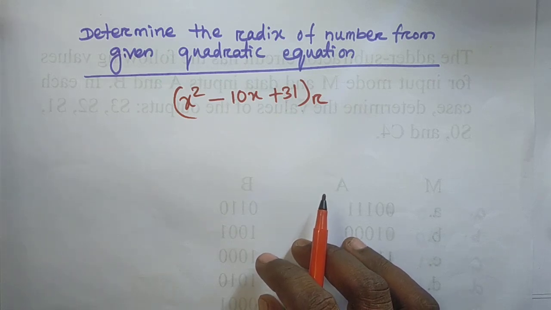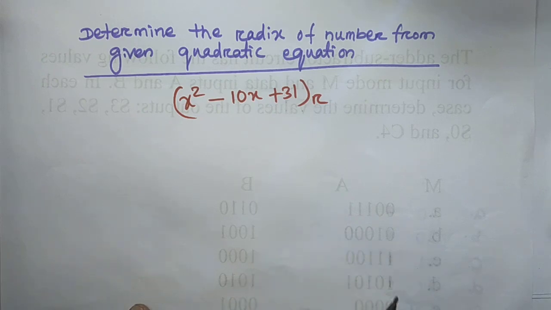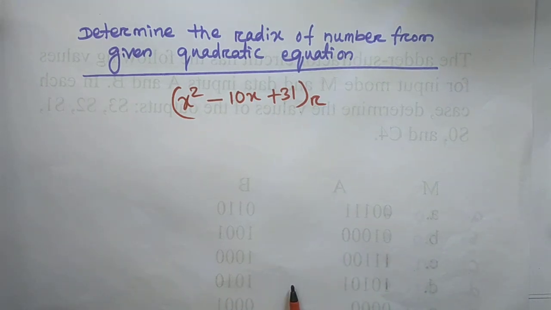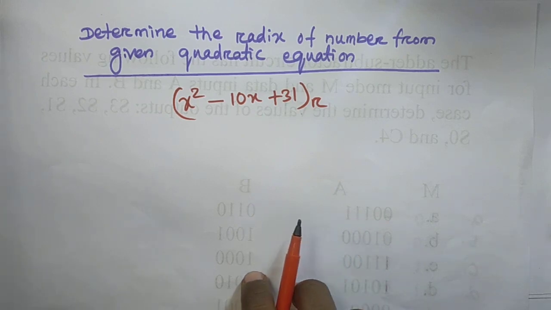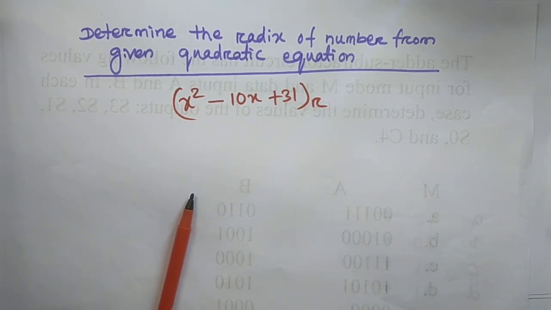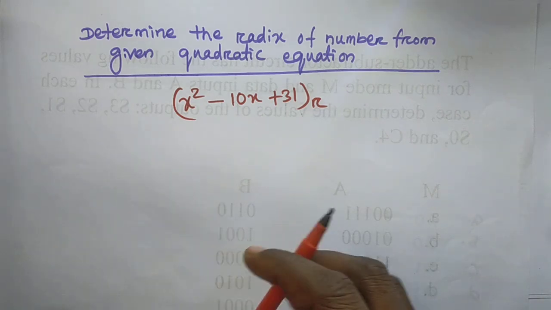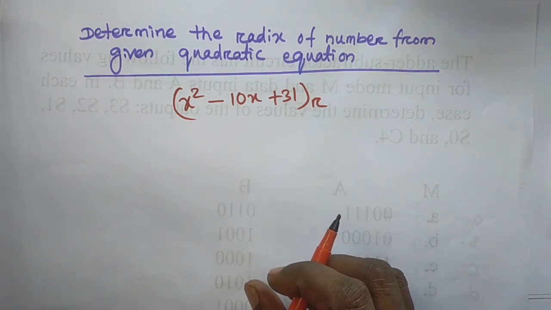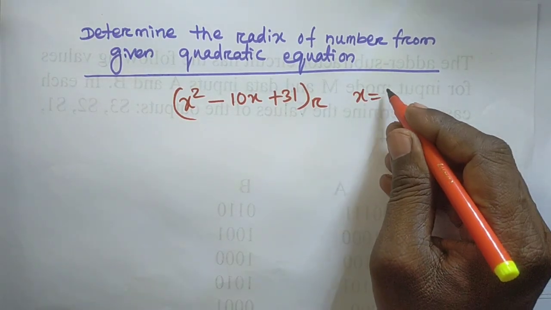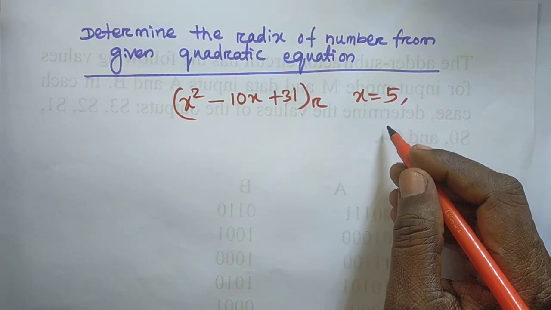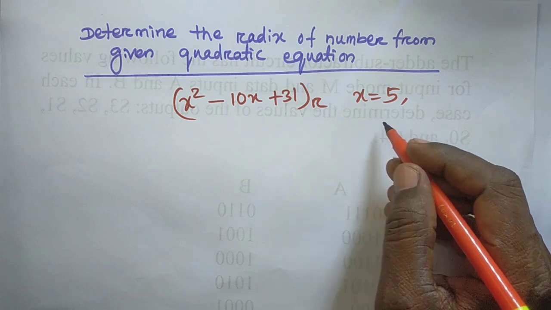Suppose the solution of the particular equation is given as x is 5 and also x is 8.